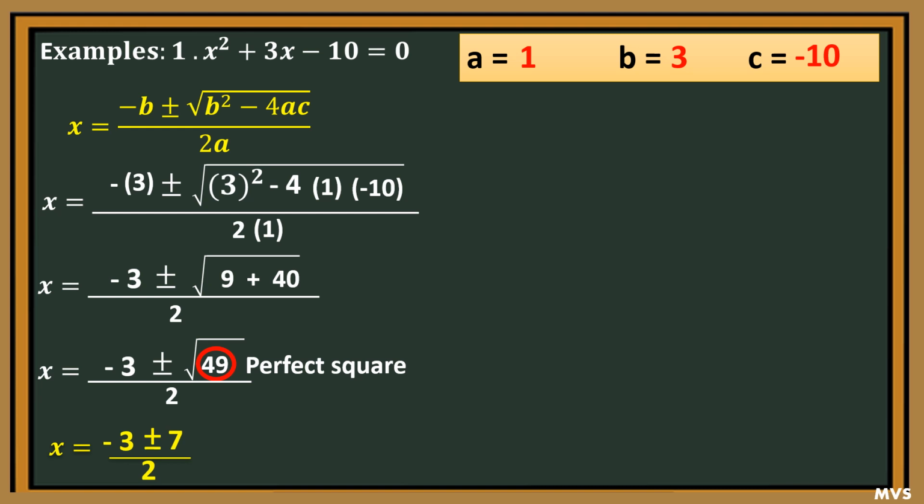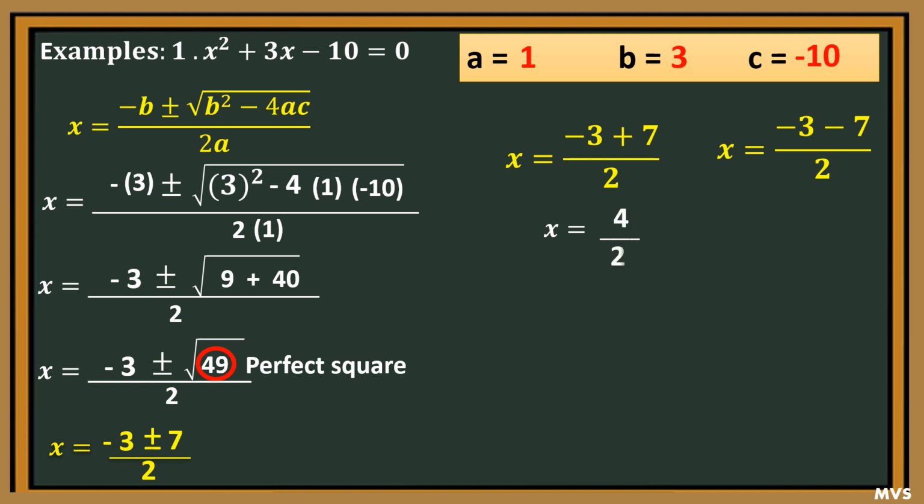This time, we're going to separate the two equations. The first one is x is equal to negative 3 plus 7 all over 2, and the other one, x is equal to negative 3 minus 7 all over 2. Let us simplify first the first equation. Negative 3 plus 7 is positive 4 over 2.